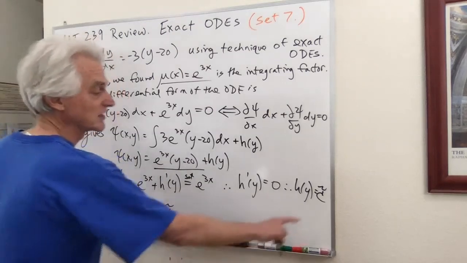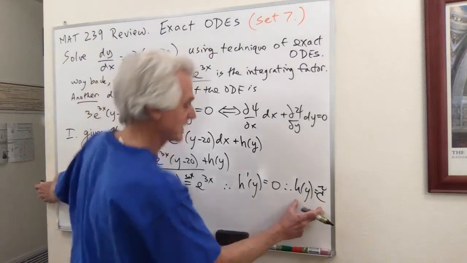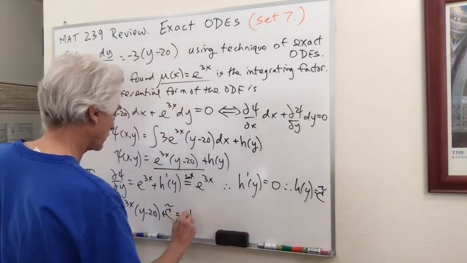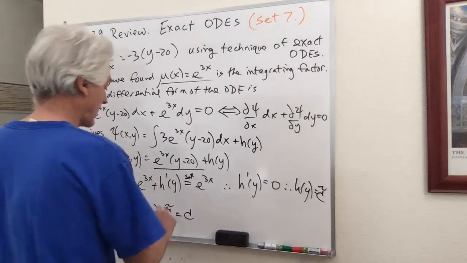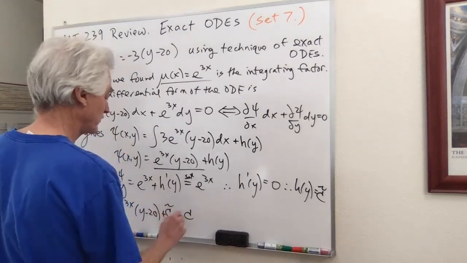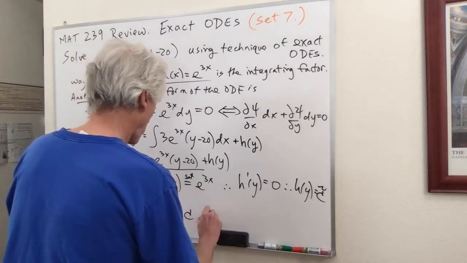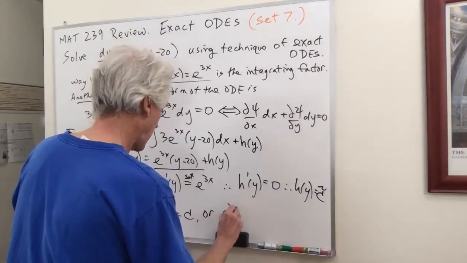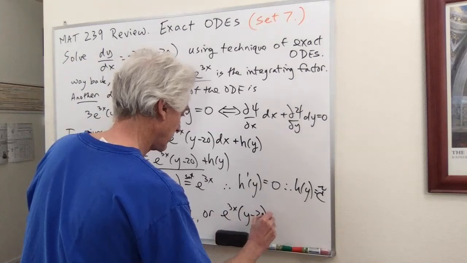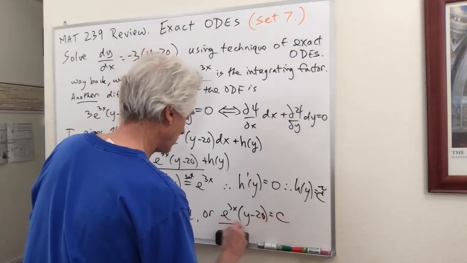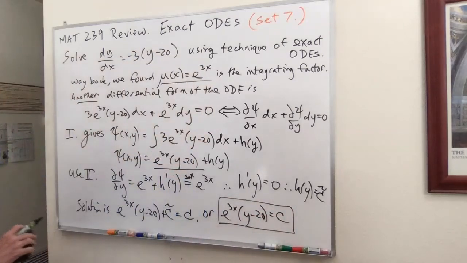Sometimes I get a real honest to goodness non-constant function of y when I do this, and that equals c. Okay, well, I can just bring this over. A new c is c minus c twiddle, or e to the 3x times y minus 20 is c. Okay, that's good. That's an implicit solution.